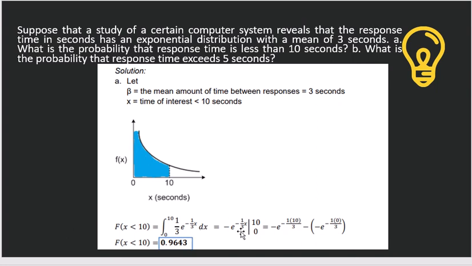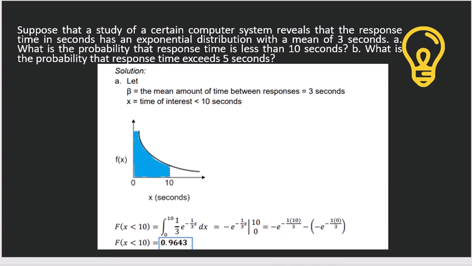So just copy, then 10, from 0 to 10. So equivalent to that will be negative e raised to negative 1 quantity 10 over 3 minus the quantity negative e raised to negative 1 quantity 0 over 3. So you're going to have the result of 0.9643.